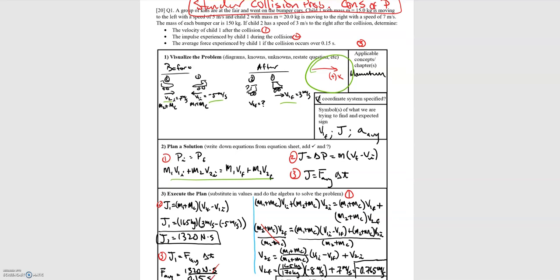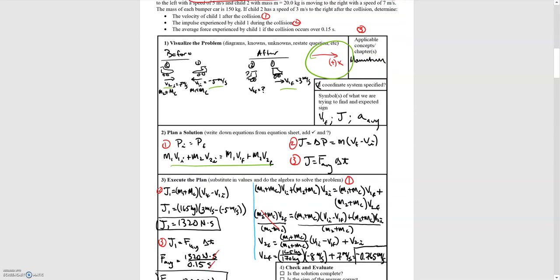Again, defining your coordinate system, especially in conservation of momentum problems or collision problems, the direction matters. That was a spot where some people messed up, because it dictates what the sign of the velocity is going to be. So if your signs aren't right, then your conservation of momentum equation, what I've got underlined right here, is going to be way off. So make sure you define your coordinate system so you can choose the signs of your velocities accordingly.